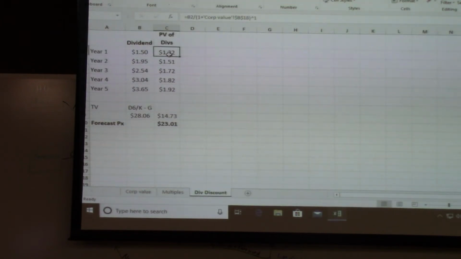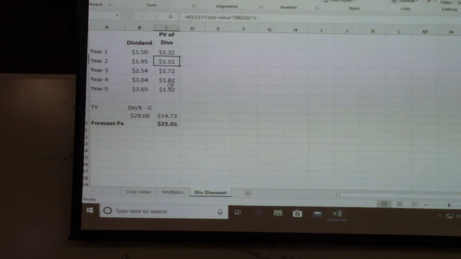Okay, and so we're going to divide our dividend by 1 plus the cost of equity. And this is 1 year out, this is 2 years out, 3 years out, 4 years out, 5 years out. I would ask you to look at way up to the top here in the formula line to see that we've raised it to the 1, 2, 3, 4, and 5.